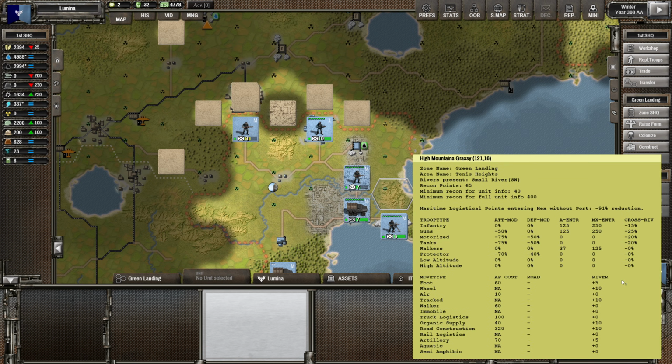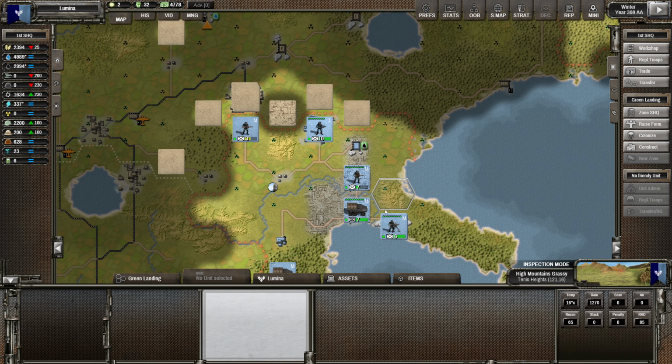Let's go back to the high mountains. Underneath the troop type, I can't really move this, by the way, because the tooltip doesn't stay, but you'll see guns have got an attack modifier. Towed guns don't attack very well into this. Motorized and tanks in high mountains get a minus 75% attack penalty.